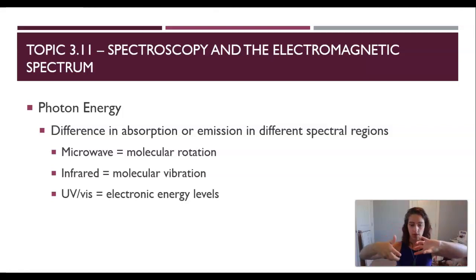So they're going to rotate around the bonds. Infrared, a little bit higher, is going to make them vibrate. Visible light into UV light causes electronic energy levels to change. That's where the electrons are actually changing energy levels. So you need higher energy to cause changes in where the electrons are located, to excite them into higher energy levels. The lower energy, which is microwave, is just going to cause them to rotate.